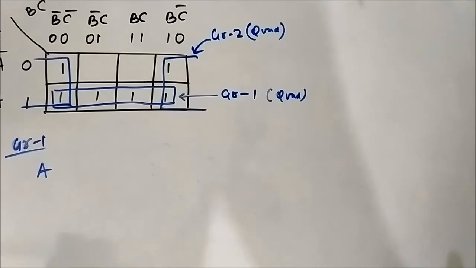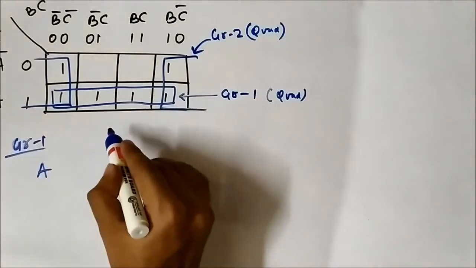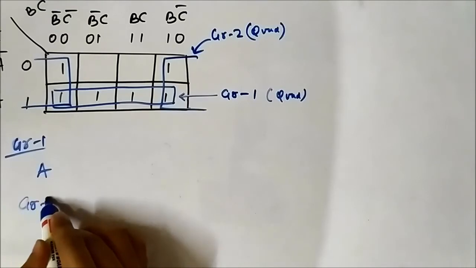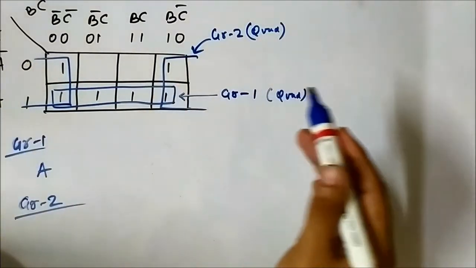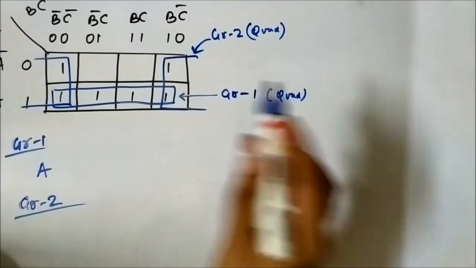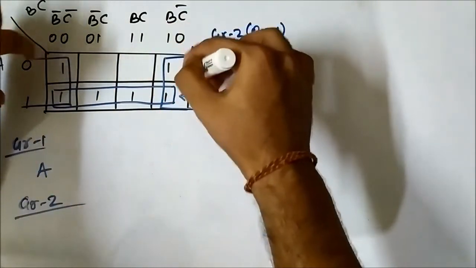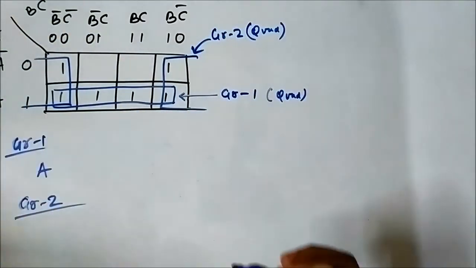Okay, now group 2. In group 2 also, we have to consider it is not 2 pairs, it is 1 quad.